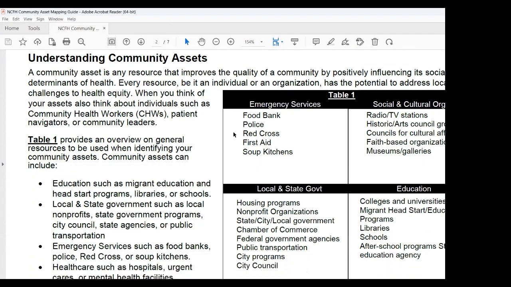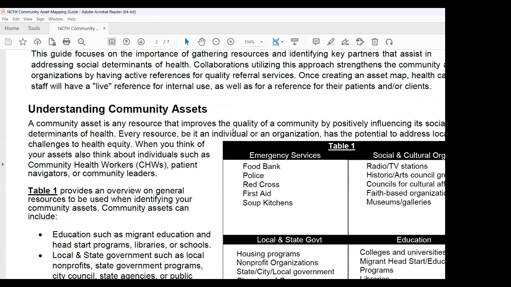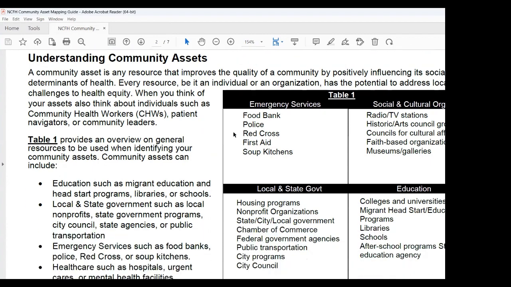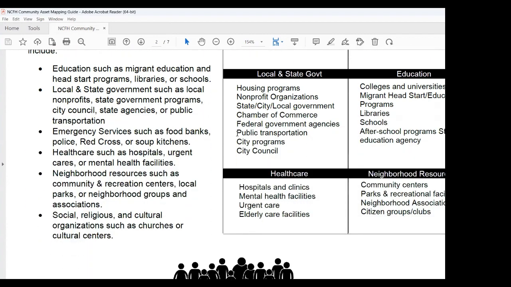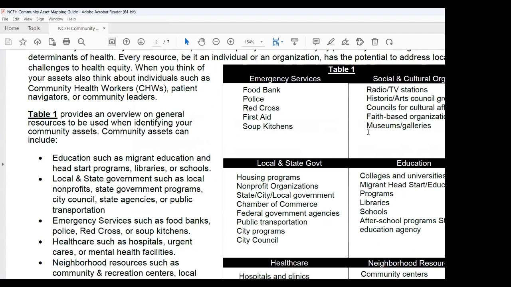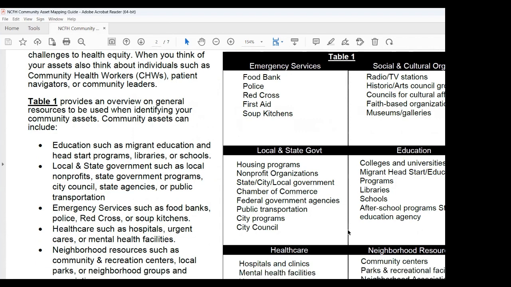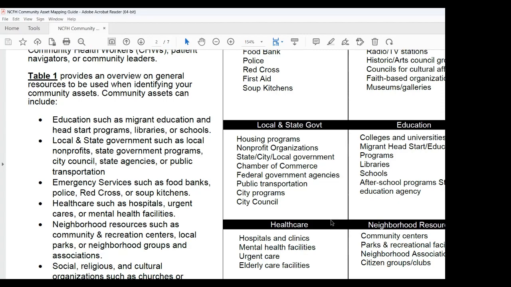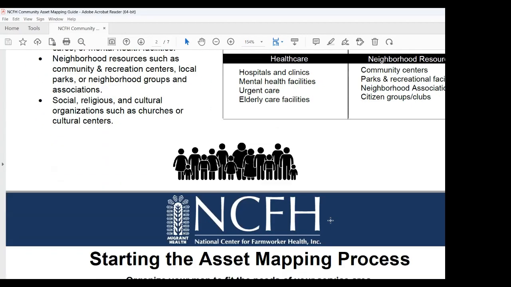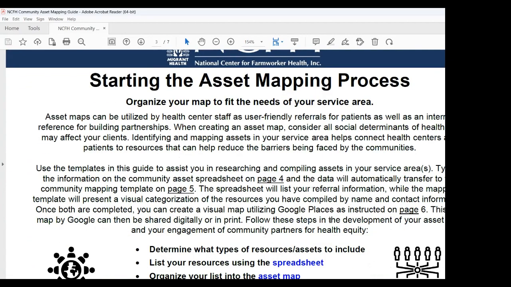Although I'm going to go over it really quickly, it does tell you how to use it, and it talks about the different ideas. There are six areas: emergency services, social and cultural, local and state government, education, healthcare, and neighbourhood resources. It's to help you identify them.